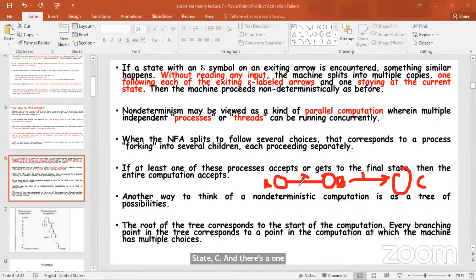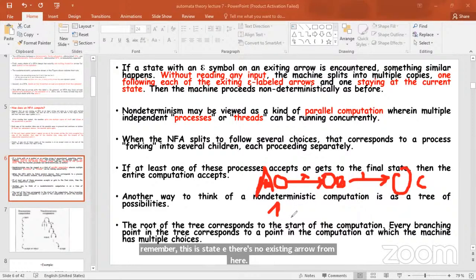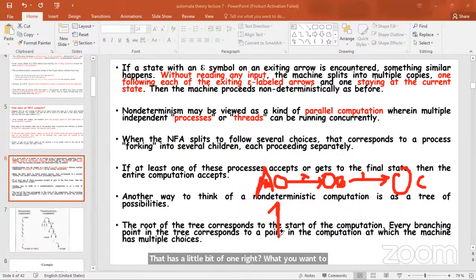Now, if, for instance, at this state A, you want to process a 1, that's you want to take an input of 1. Now, remember, this is state A. There's no exiting arrow from here that has a label of 1, right? But you want to process a 1. How do you go about it?